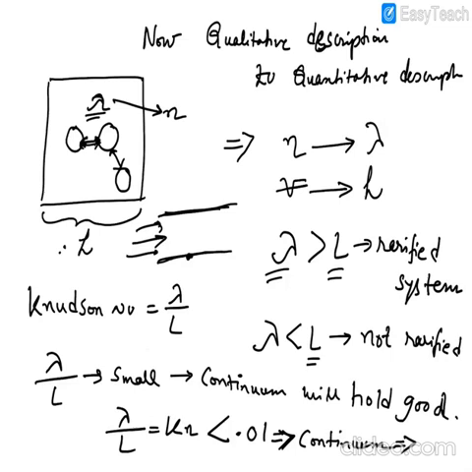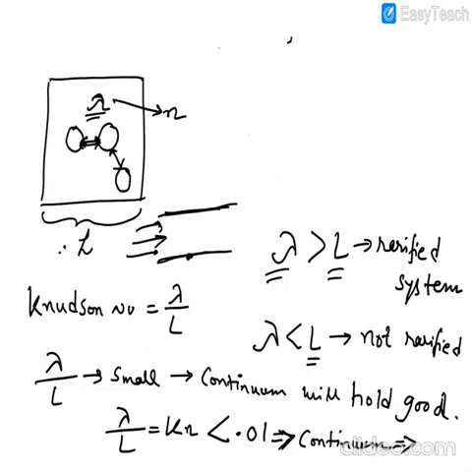Now, if this Knudsen number is in the next range, it will generally threaten the no-slip boundary condition.